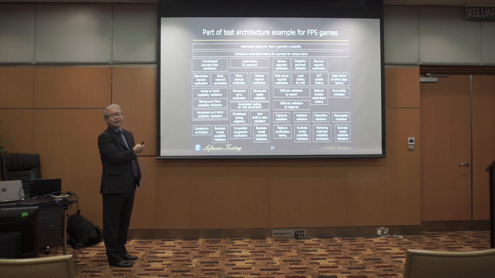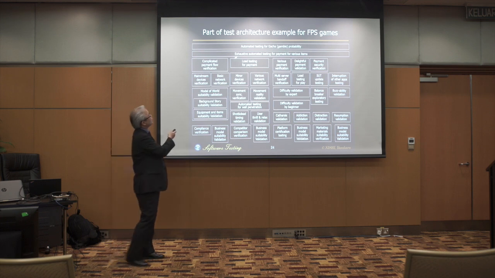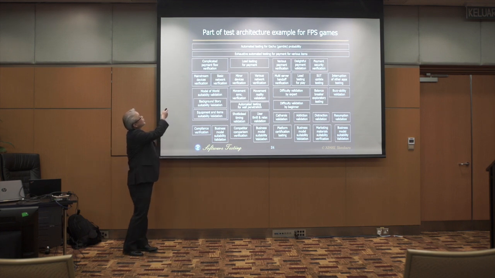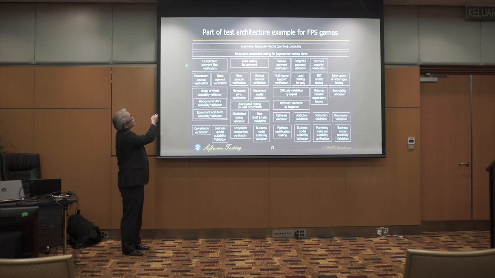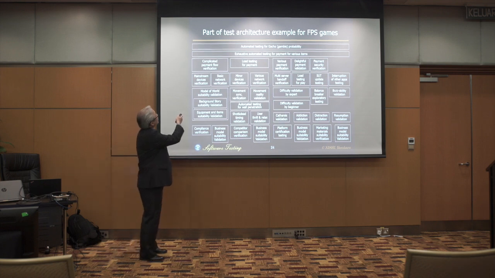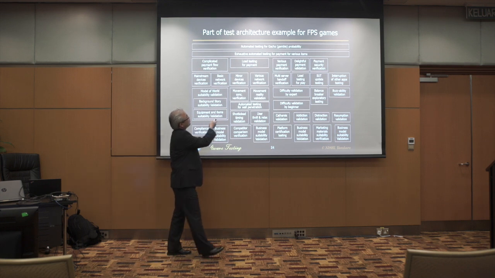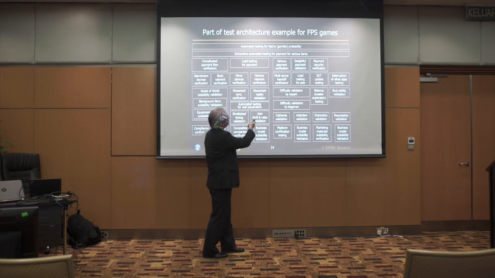You know gacha, it's a gambling probability. And the second one is exhaustive automated testing for payment for various items. And the third row includes complicated payment flow verification, load testing for payment, various payment verification, and delightful payment validation.